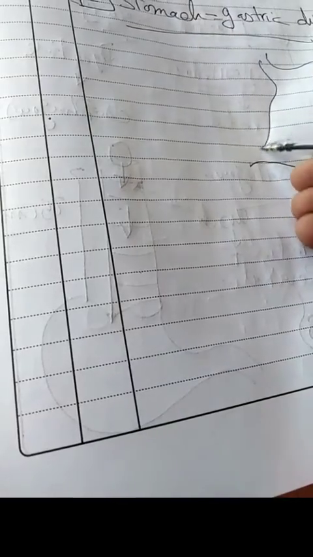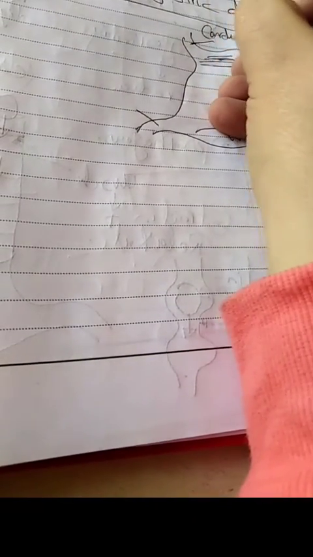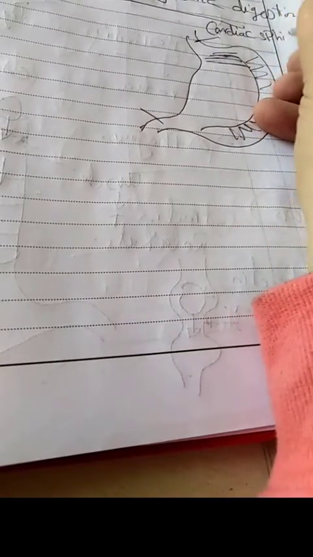The stomach in this shape consists of muscles and 2 openings. The first opening, the upper one, is the cardiac sphincter, and the last one is the pyloric sphincter.